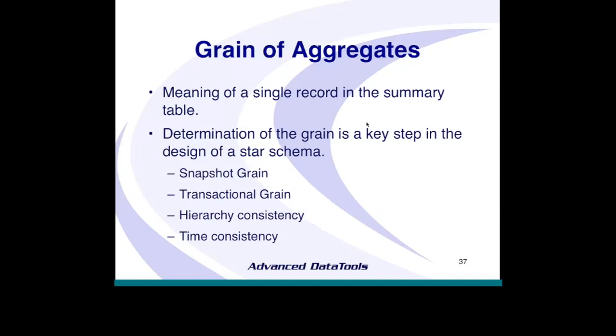Now, a couple of other things about grains. You have transactional grains, you have snapshot grains. Snapshot grain is like your end of day snapshot or your end of month snapshot. The transactional grain has detailed transactions that happen throughout the day.